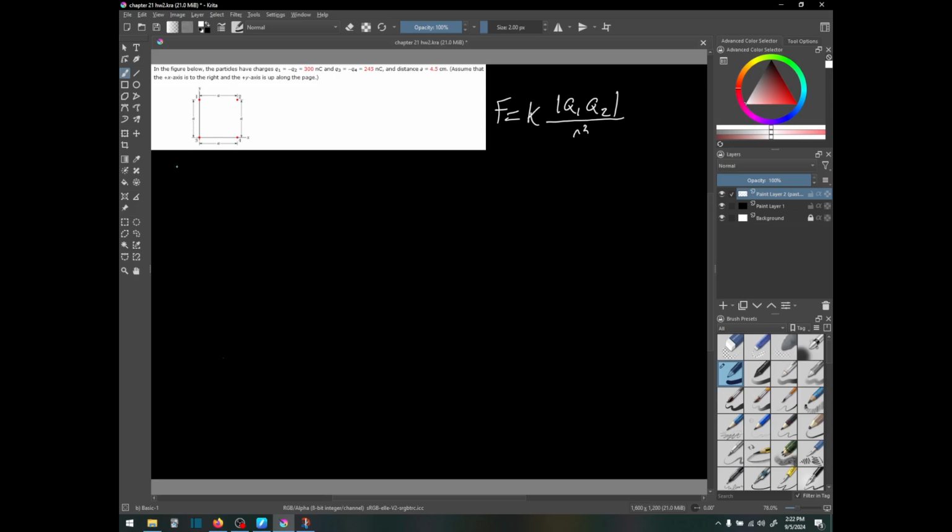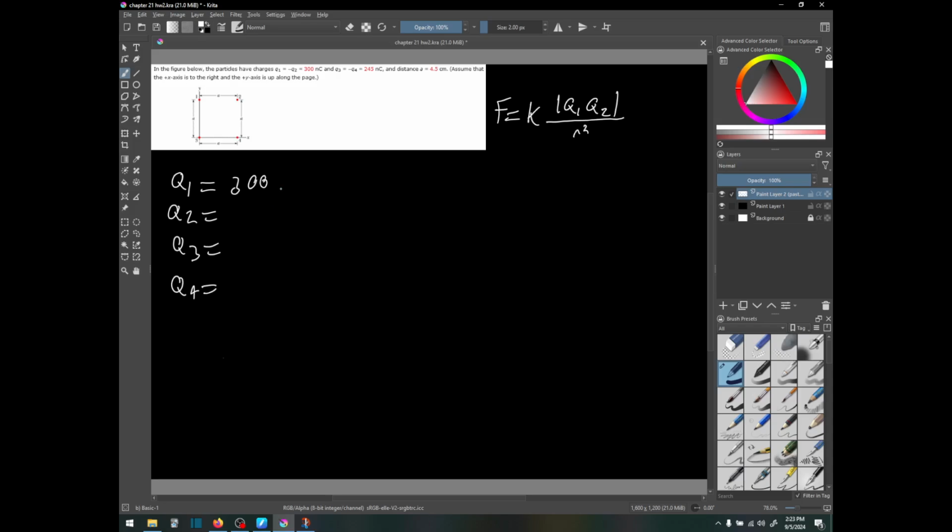And now we can also list up here what Q1, Q2, Q3, and Q4 are. It says here that Q1 is equal to negative Q2, so that's going to be 300.